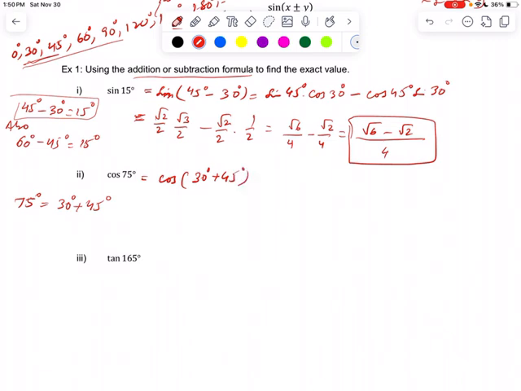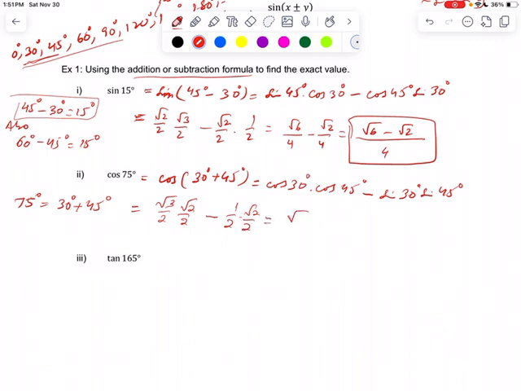It doesn't matter which one you put first, but this will be equal to cosine of 30 degrees times cosine of 45 degrees minus sine of 30 degrees times sine of 45 degrees, which is equal to, cosine of 30 is square root of 3 over 2, cosine of 45 is square root of 2 over 2, minus sine of 30, 1/2, sine of 45, square root of 2 over 2.